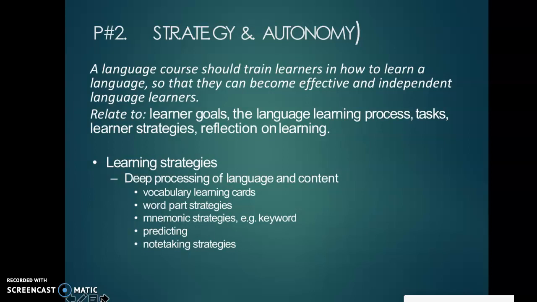So we can apply the mnemonic strategies to know the keyword of a text, and also the vocabulary learning cards.